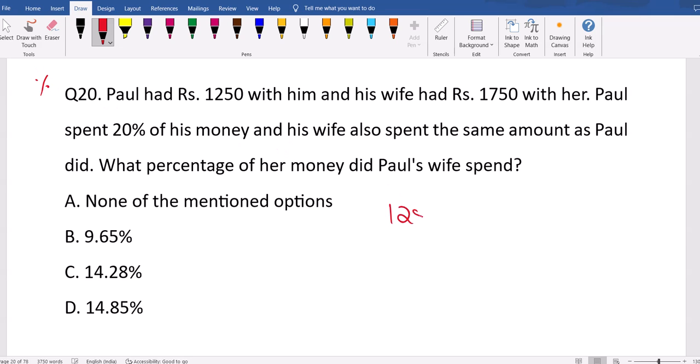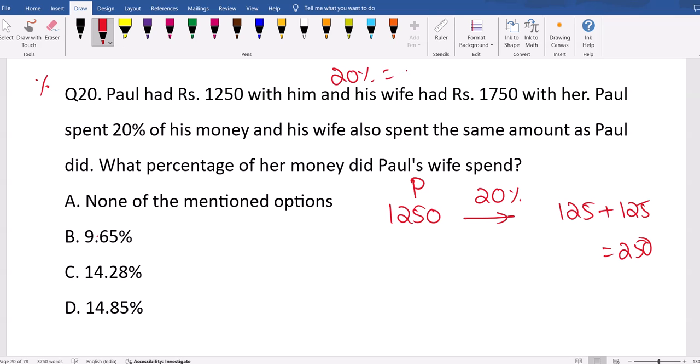Among 1250, Paul's 20%: 10% is 125, so 20% means double, 250, or 20% means divided by 5. So 250 is spent by Paul's wife as well.